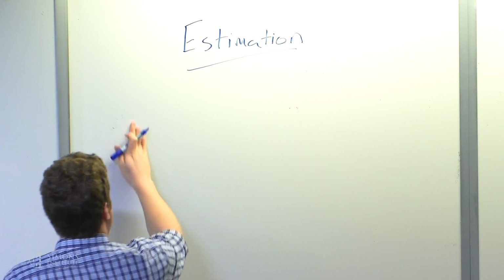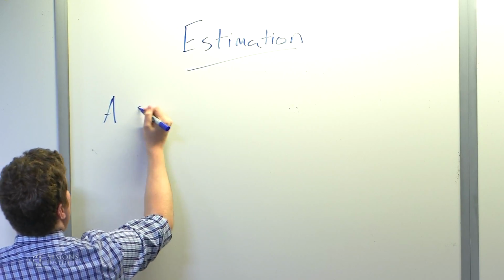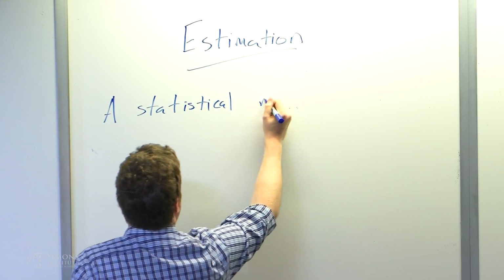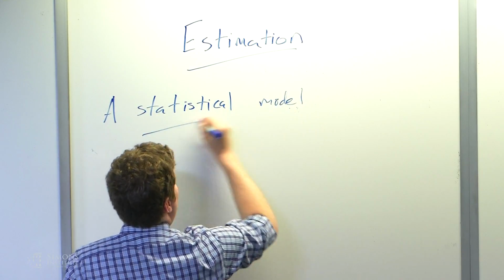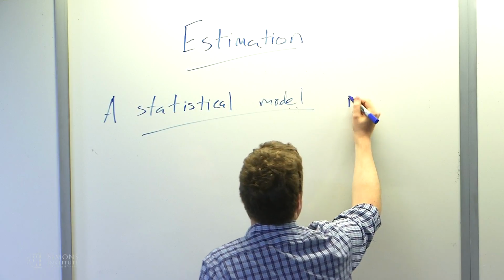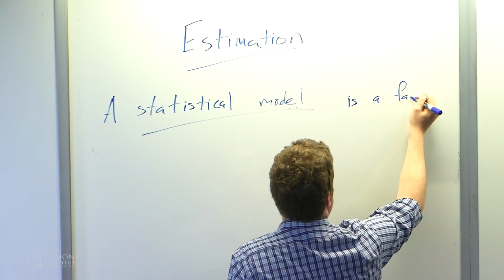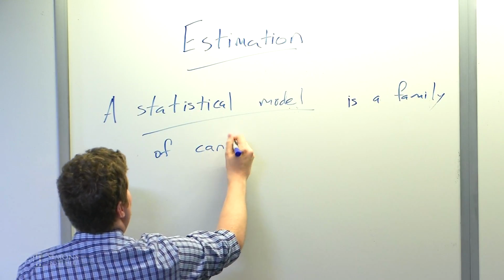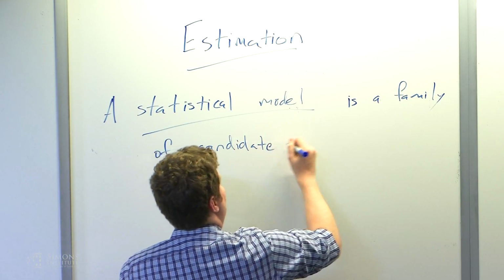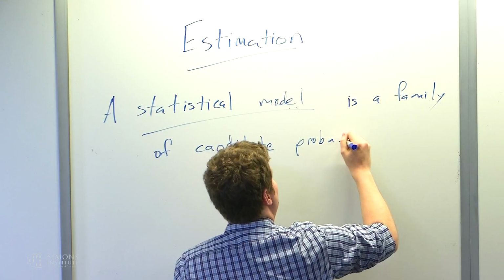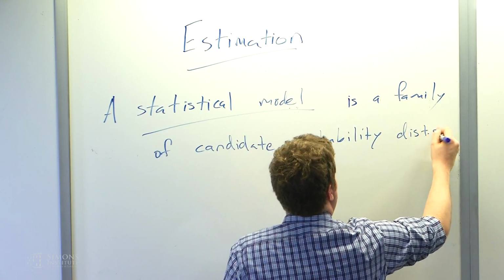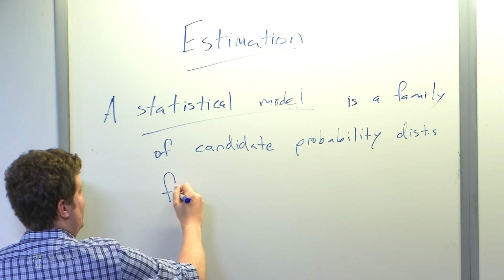Okay, so to begin with, what is a statistical model? It's just a family of candidate probability distributions for some data that we observe.